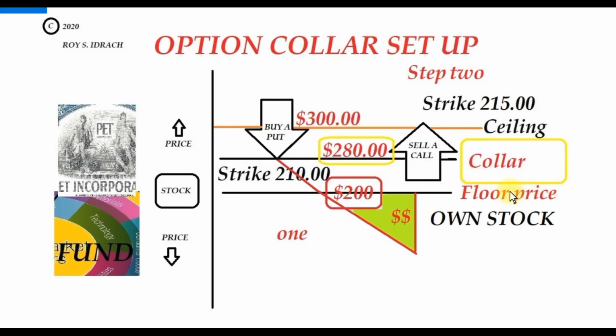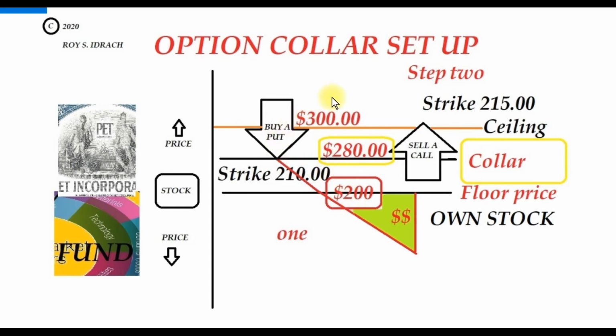The floor price is 200, the ceiling price 215. Anything that the price goes up above 215, you cannot get anything. But you're going to keep the 280 to help you pay for that one. So it's going to cost you $5 up. If you go $5, you bought it at 200, so now it's at 215. So you made $1,000 with 20, and only for a $20 protection for the insurance.